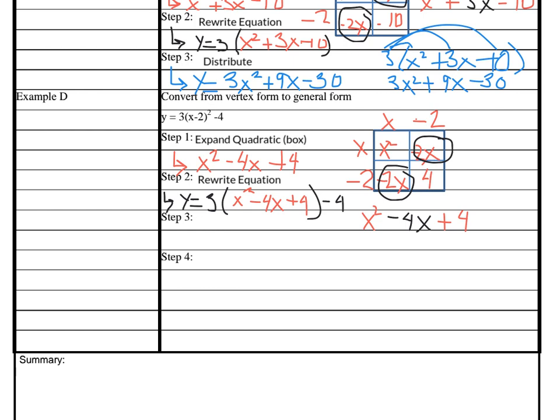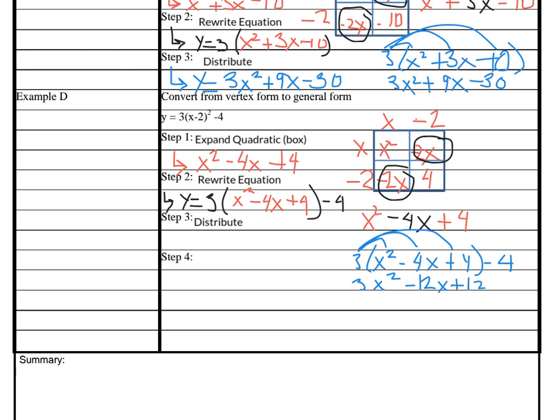Step 3, we need to distribute. So I'm just going to copy down what we had. 3 times x squared minus 4x plus 4, and then minus 4 outside the parentheses. Distribute, I do swoopy lines. So 3 times x squared is 3x squared. 3 times negative 4 would be negative 12 with the x. 3 times 4 is 12.